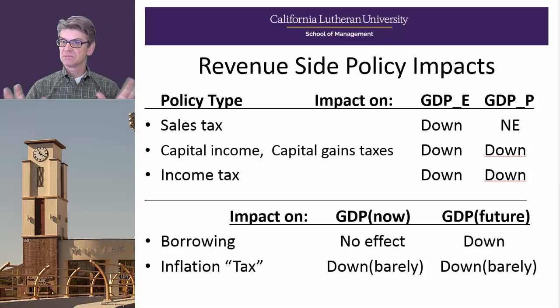So the story is a little bit of a tricky one, perhaps, so bear with me. What's going on with the inflation tax is it's the fact that inflation is generally positive, which erodes the value of currency. It turns out that erosion of the value of currency is a cost to the private sector, and it's a benefit, or it's a revenue source to the government.